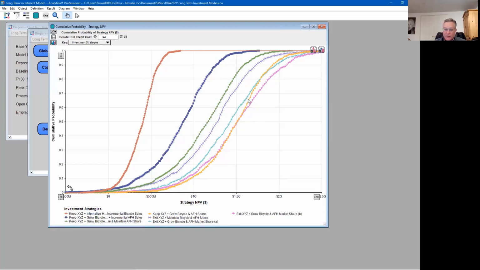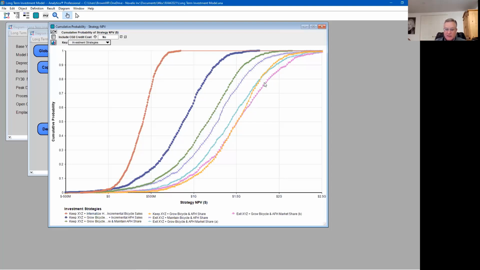I want to look for where the strategies may cross over so that I can see if there are conditional situations in which some strategies edge out another strategy, which would then potentially lead me into some deeper trade-off analysis or sensitivity analysis to understand what's causing this separation in this upper tail. All of that's standard strategic analysis work that you would do with probabilistic reasoning and simulation, Monte Carlo simulation running in the background to support it.